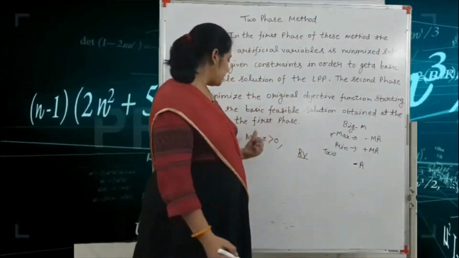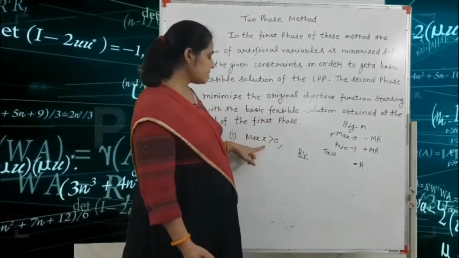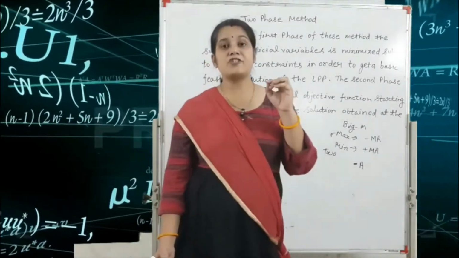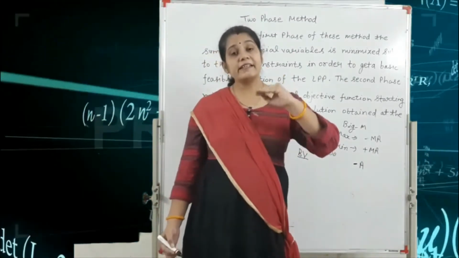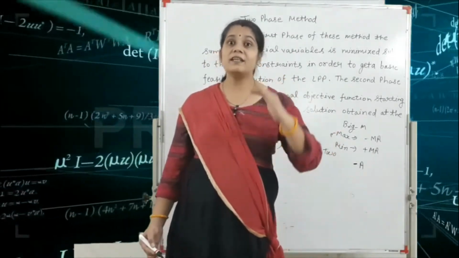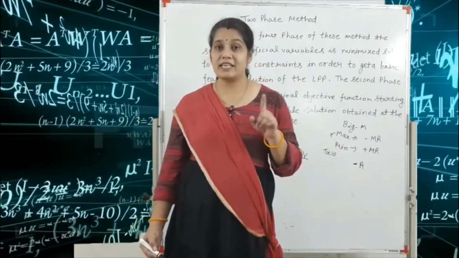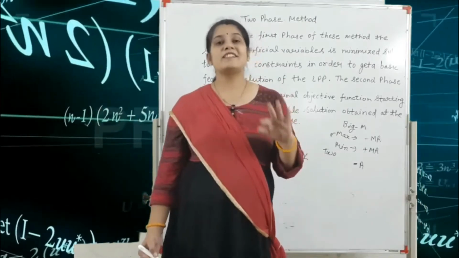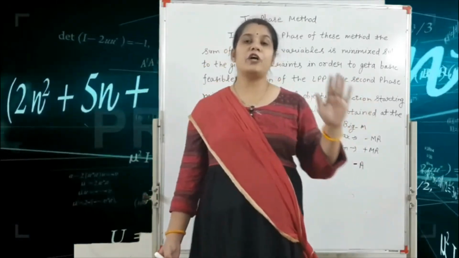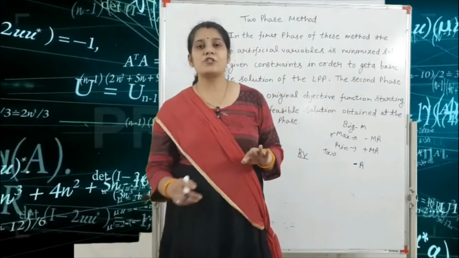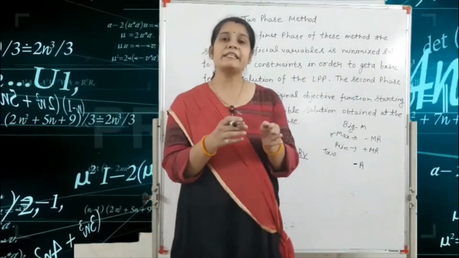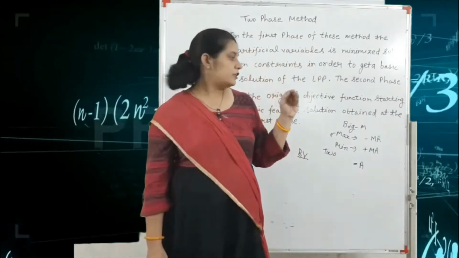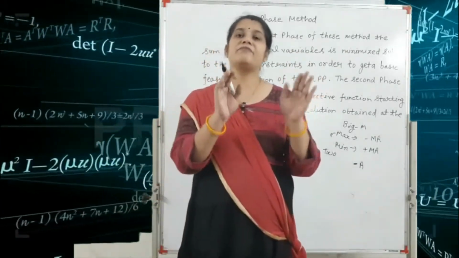Okay, so the first condition is that if maximize Z is greater than 0 and at least one artificial variable is present in the basis with a positive value, there is no feasible solution according to your question. Okay, so your solution is incomplete and we can't find the feasible solution. So your solution is stopped in phase 1.